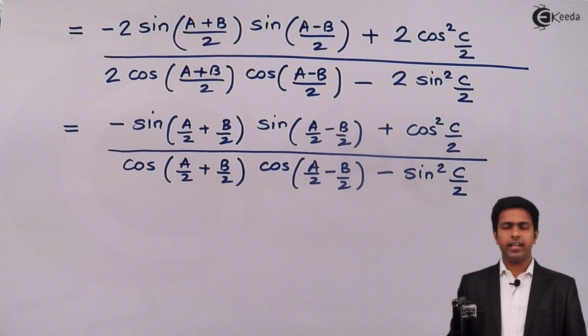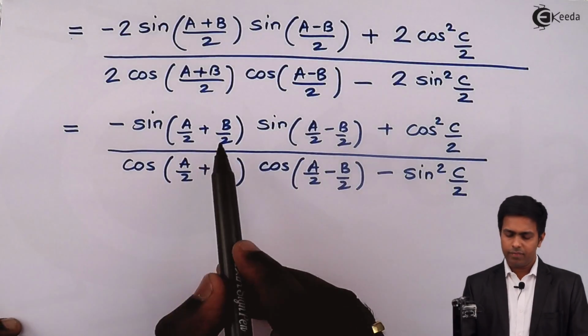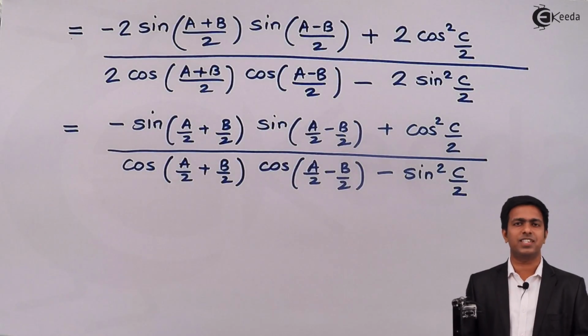Now, to get the answer as cot A by 2 into cot C by 2, we'll convert this value of sine (A by 2 plus B by 2) in terms of C by 2.